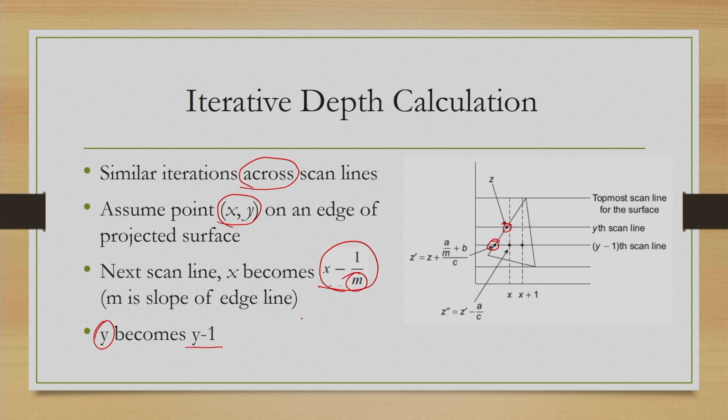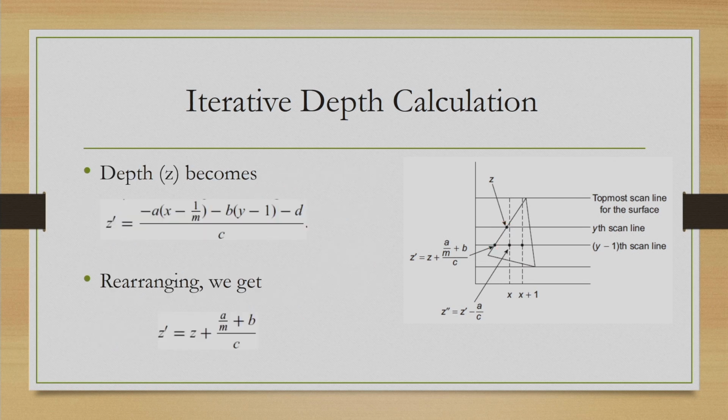M is the slope of the edge line. Then we can compute the new depth at this new point as shown here, and if we expand and rearrange, what we will get? This new depth in terms of the previous depth and a constant term.